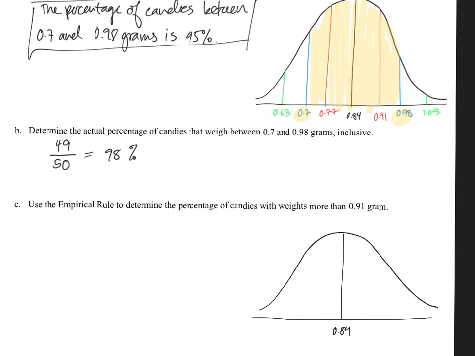Let's copy that down. So I want to find out the percentage that is greater than 0.91. Well, how do I do that? Let's use some geometry tricks here. I know that this area here is 68%.